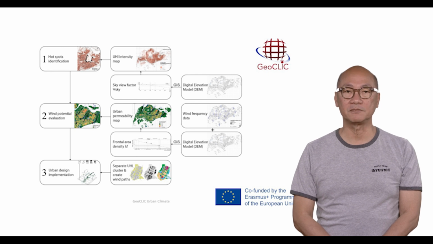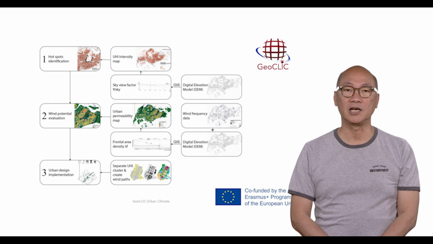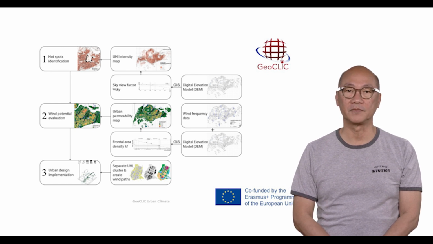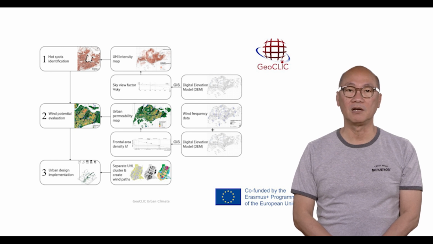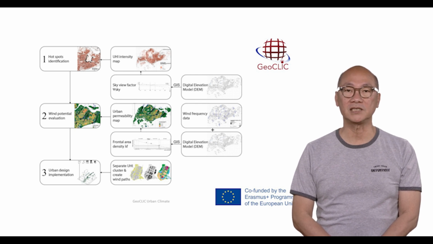For the second step, wind potential evaluation, the inputs required are again a digital elevation model and wind frequency data. Then a frontal area density is calculated. Finally, with the urban permeability map, a wind potential evaluation map is obtained.